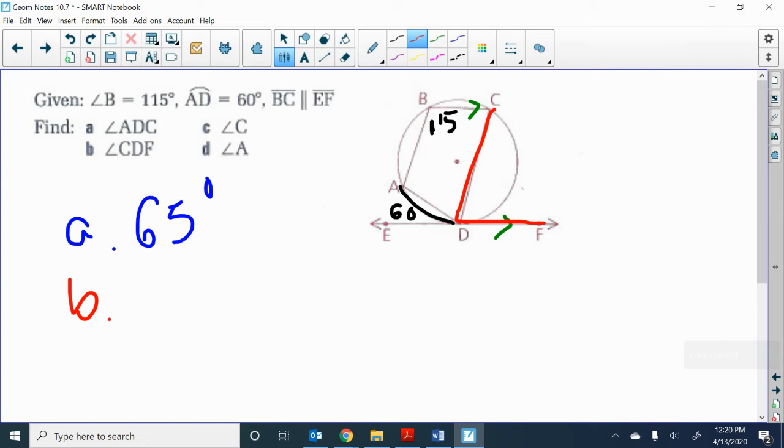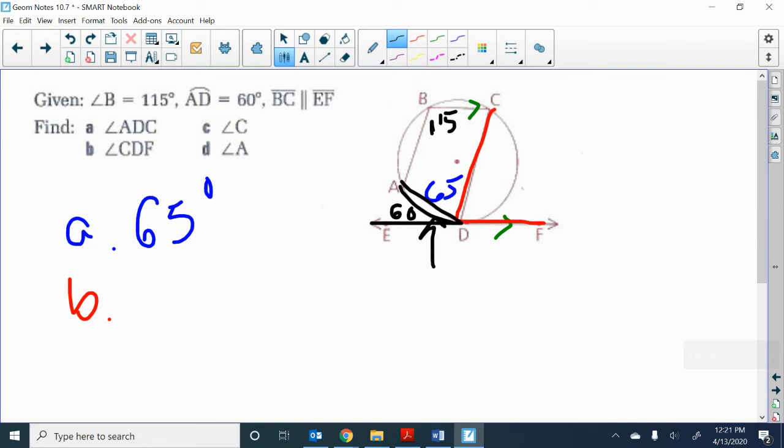Okay, well, we just found that angle ADC was 65. We don't know what angle ADE is yet, but it is formed by a tangent and a chord, and it's eating an arc that's 60 degrees.